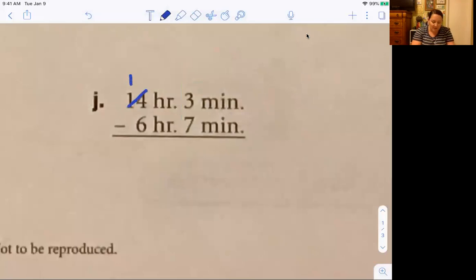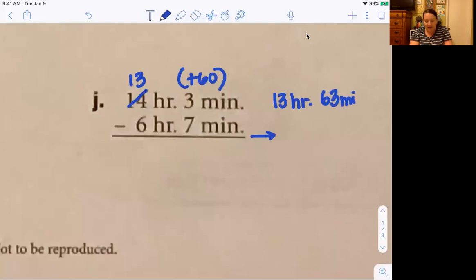Take 1 away from your neighbor, and you're going to trade that 1 hour now for minutes. How many minutes are in 1 hour? 60. So we're going to add 60 minutes here. Remember, when we subtract with compound measurements, we rewrite it, okay? So we have 13 hours, 63 minutes, because I added the 3 I already have, minus 6 hours, 7 minutes.